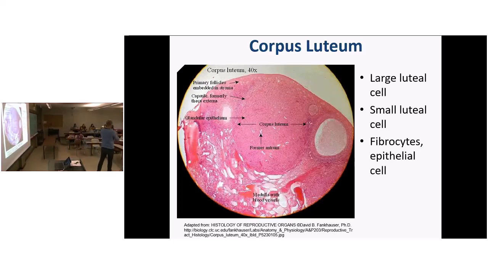It protrudes from the ovary, such is the size that it forms. And as I said before, the thecal cells and granulosa cells rearrange into what we call large and small luteal cells. They go from estradiol-producing cells to progesterone-producing cells, and they also exhibit this prostaglandin receptor.